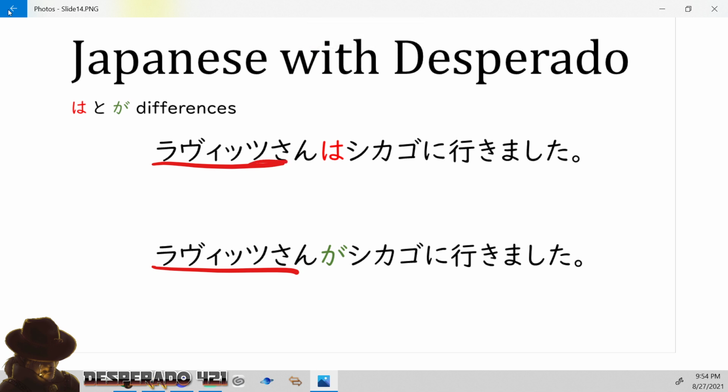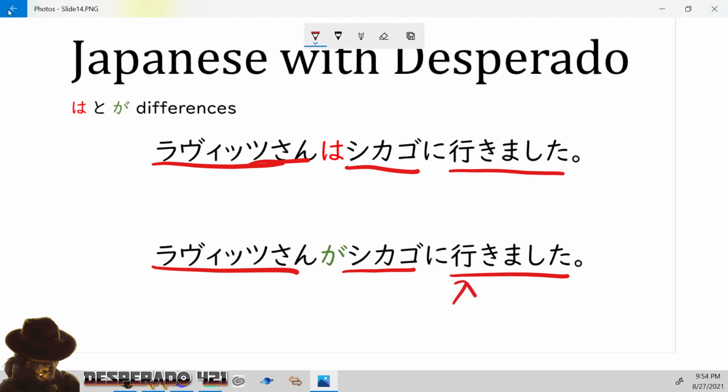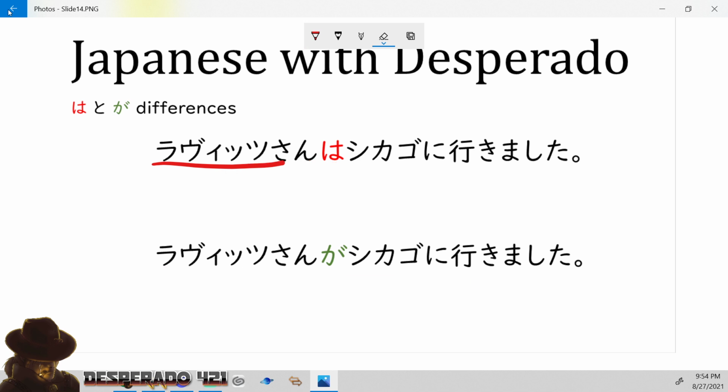So it says, Lavitz-san wa Chicago ni ikimashita. Oh, lived in Chicago. Not lived, went. Wa and ga are both here. Both of these sentences are correct. But what is the subtle difference in the meaning between the two sentences?